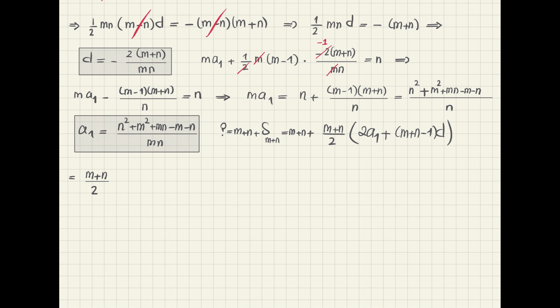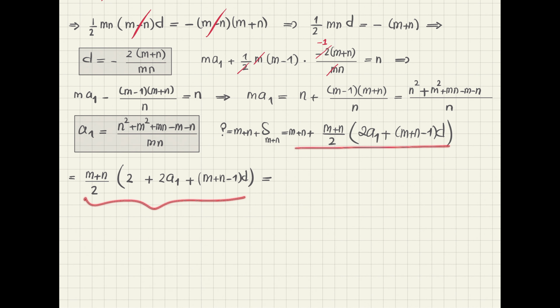The first one doesn't have 2, so it becomes 2. If I multiply this back by 2, the 2 and 2 cancel, so m plus n is left, which is exactly this term. And then the other one is 2a1, and then plus m plus n minus 1 times d. So that expression that I have written here is exactly the whole expression.